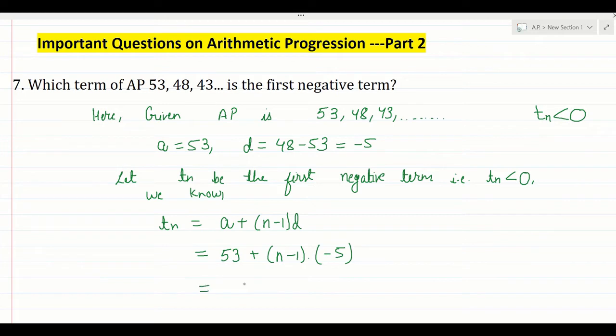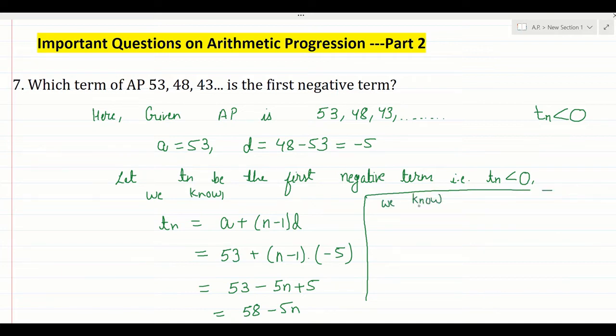So equal to 53 minus 5n plus 5. We can write this as 58 minus 5n. Is this clear? Okay. After this, we know Tn must be less than 0.